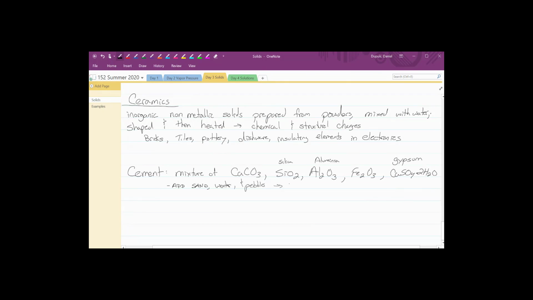Right? It's a reaction with water. And you get Si-O-Si bonds forming. And it actually cures, and you want to slowly let it dry. And there's different types of cement. If you go to the hardware store, you'll see a bunch of different types.